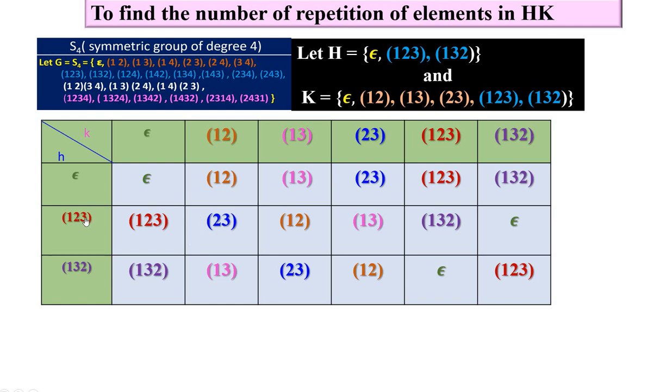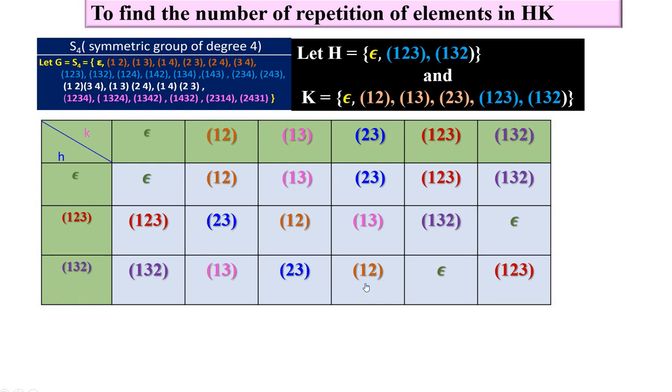Then 2 is taken to 3, and here 3 is taken to itself. So 2 is taken to 3. Then 3 is taken to 1, and here 1 is taken to 2. So 3 is taken to 2. So we can compute the product HK in this way to fill up this table.